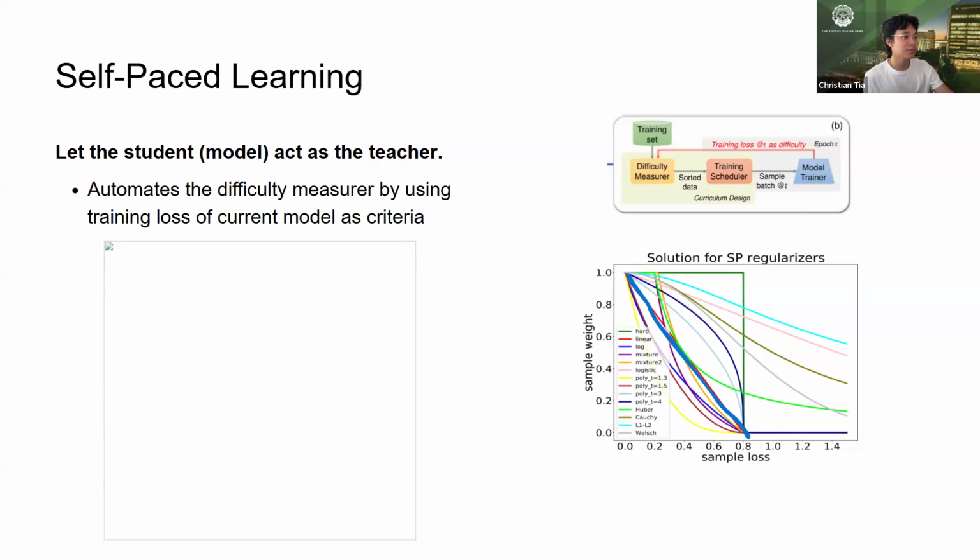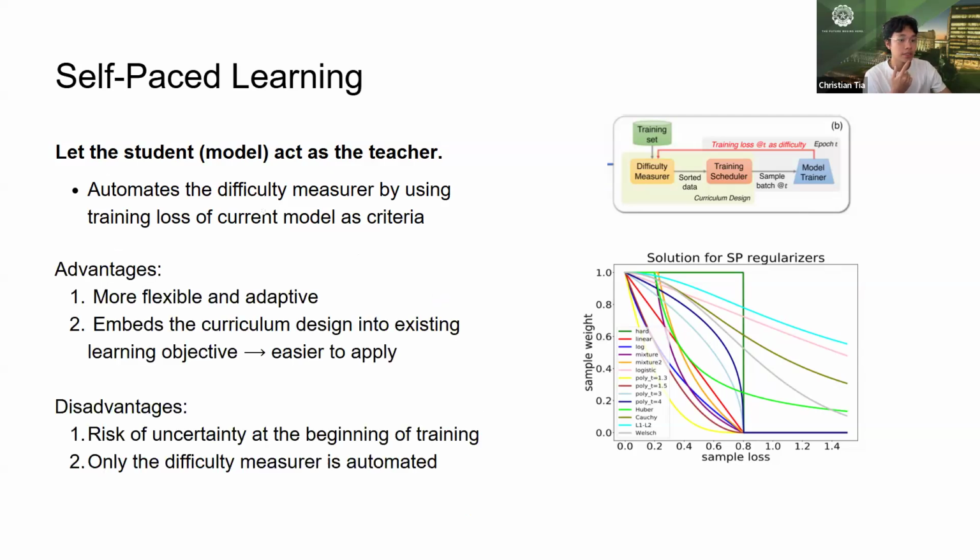And there are different functions as well, like logarithmic functions. And it's been found that the soft regularizers, which are these ones, do perform better than hard regularizers because, as I mentioned, it's unlikely that two easy examples are equally important, and this introduces more complexity.